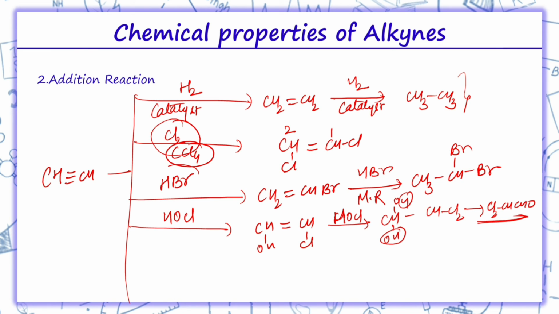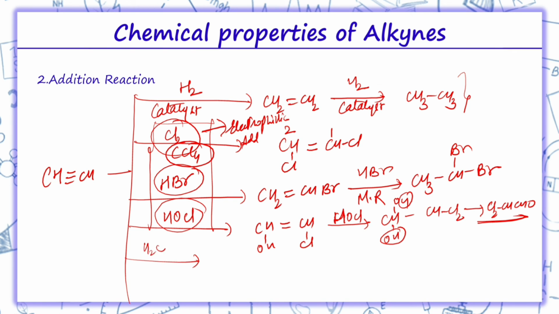Cl2, HBr, HOCl are electrophiles. When these reagents are added, it is known as electrophilic addition reaction. Similarly, when nucleophiles are added, like water, alcohol, HCN, acetic acid, these reactions are known as nucleophilic addition reactions. On addition of water, we will get CH2 double bond CHOH, and on rearrangement of the bonds, we will get CH3CHO.